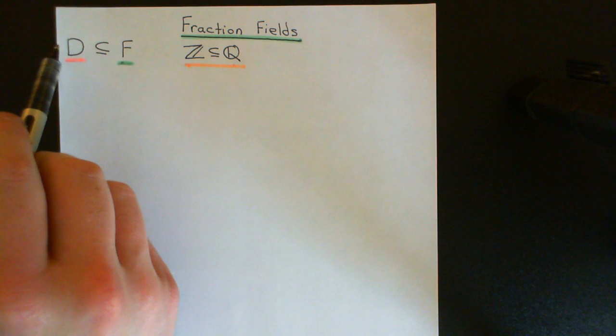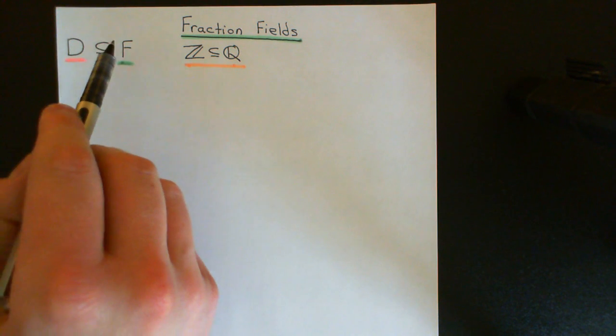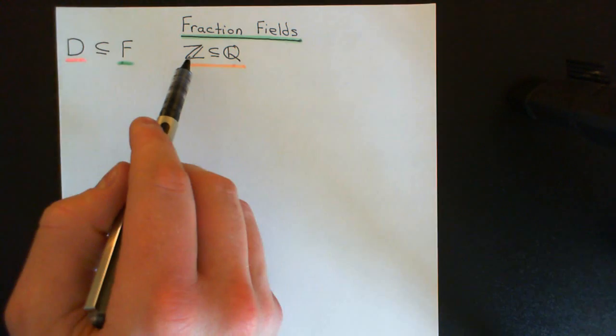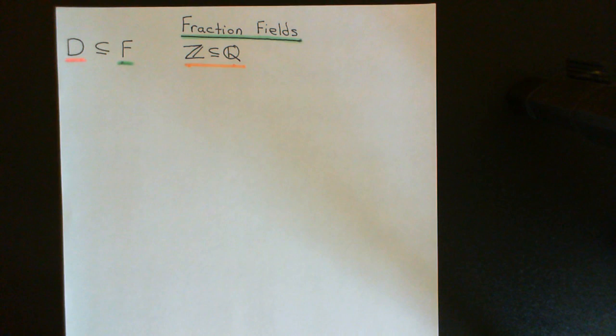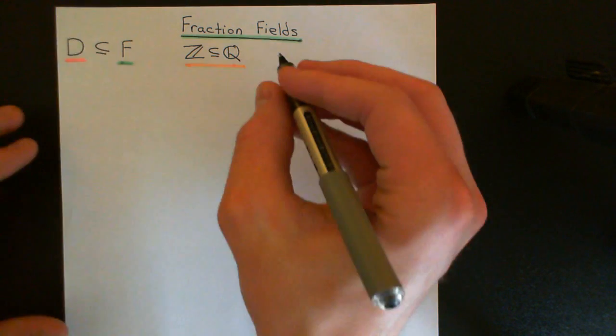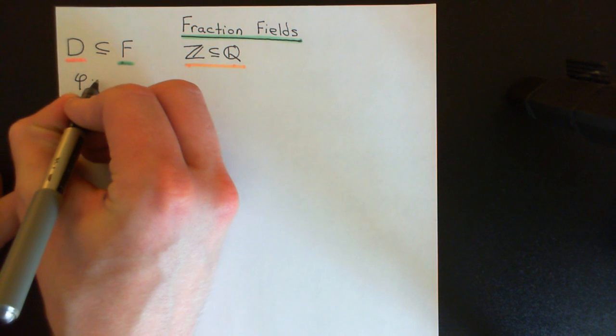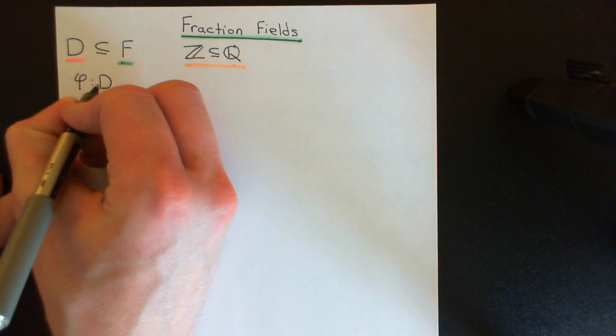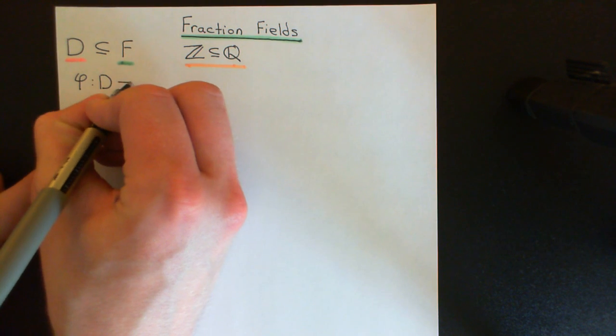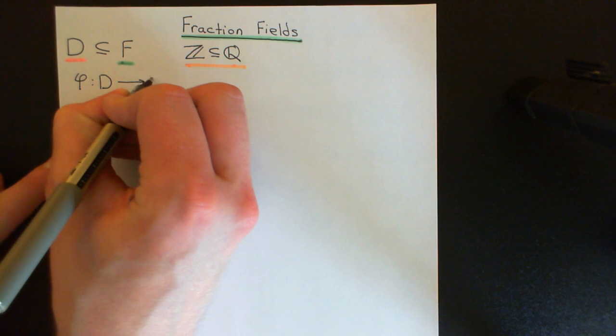When I say that the integral domain is going to be contained within the fraction field, or that the integers are contained within the rationals, really, more strictly, what I should say is that there is going to be an injective homomorphism, a very natural injective homomorphism, from the integral domain into the field of fractions.